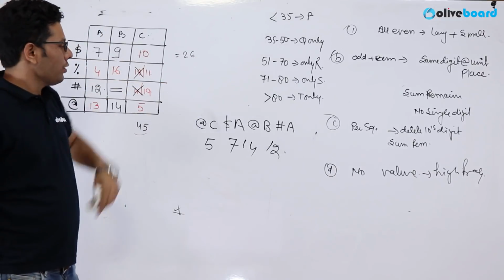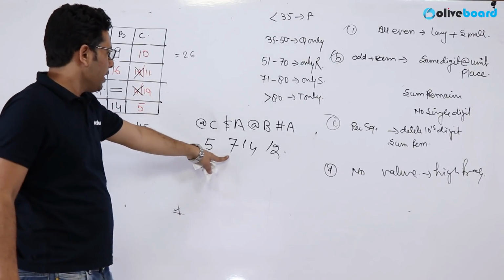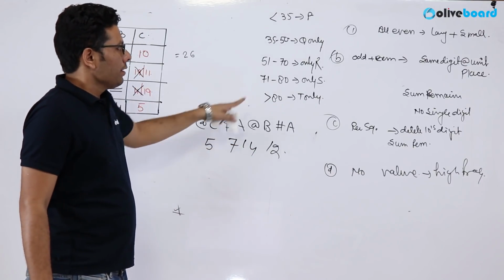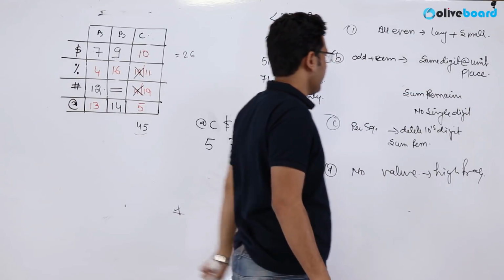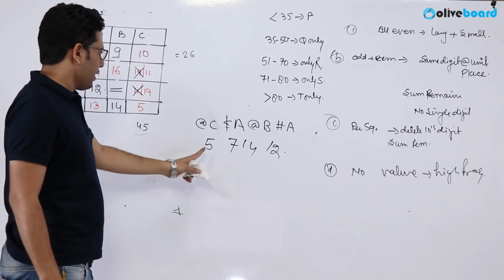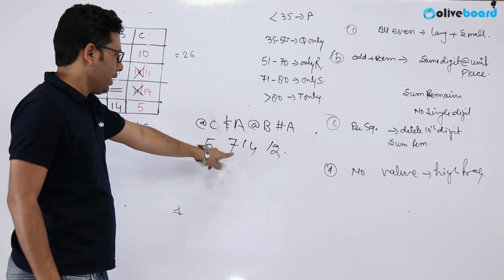Now I need to check that they are not all even. One is odd and another is even. Okay, same digit at the unit place? Is there the same digit? No. There is no same digit.